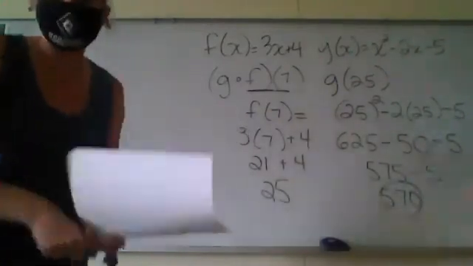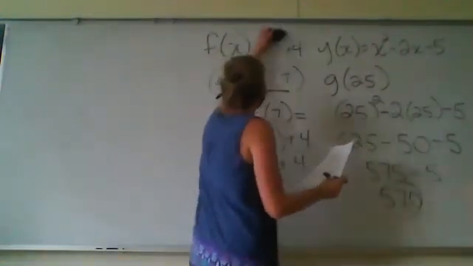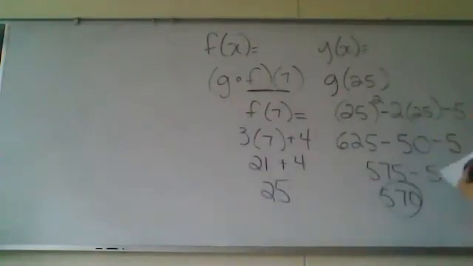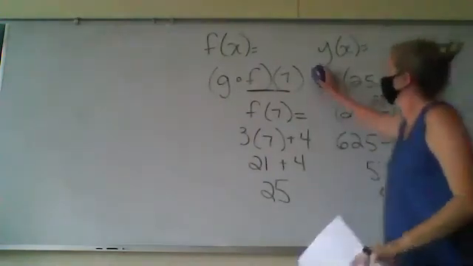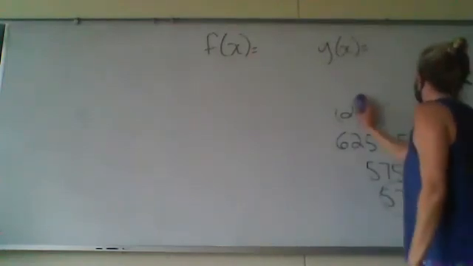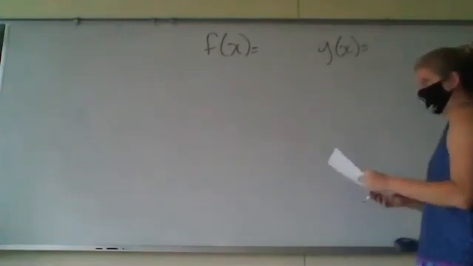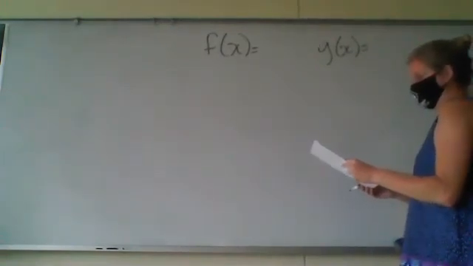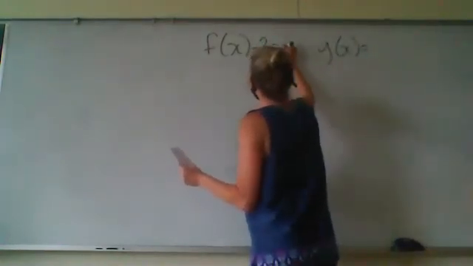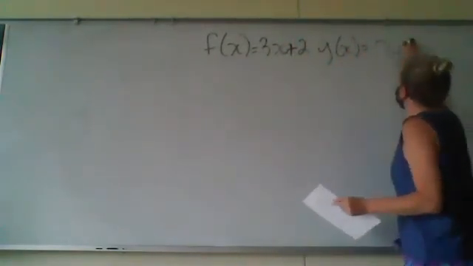All right, and then the last one we're going to work for today is number 3. F of x is 3x plus 2. G of x is x to the 3rd.